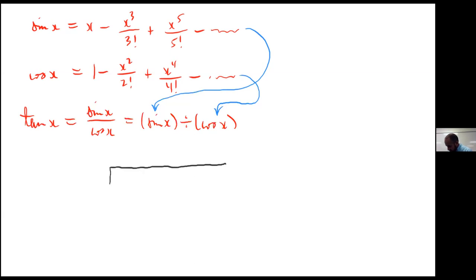Let's see. So I'm going to divide that into x minus x cubed over 3 factorial plus x to the 5th over 5 factorial minus, let's just go with it here. We're literally flying by the seat of our pants here. So let's see, and then it's going to be 1 minus x squared over 2 factorial plus x to the 4th over 4 factorial minus etc. Okay.